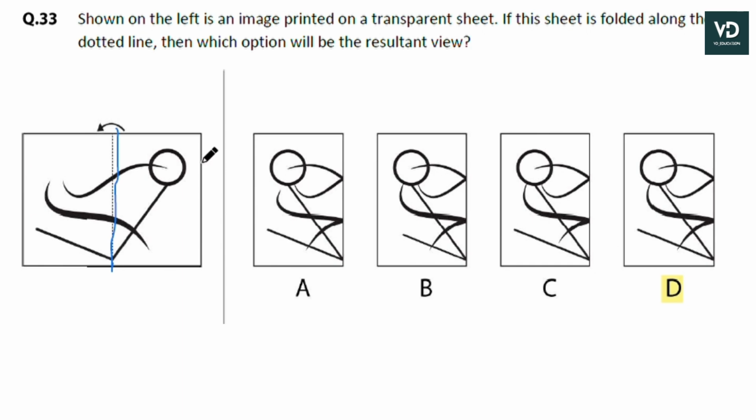Here we can see this part will be cut here, okay, and this line intersects this line, so this will be incorrect, this will be incorrect. Then let's select between the C. This line is more than this line, so answer D will be the correct option.